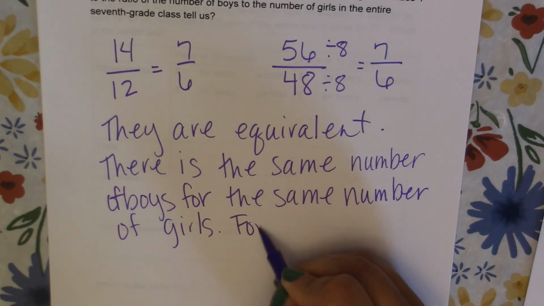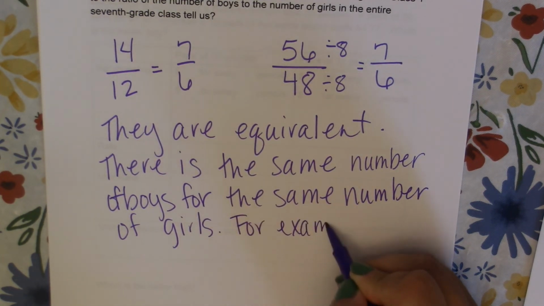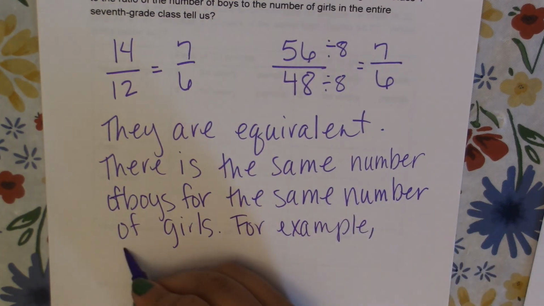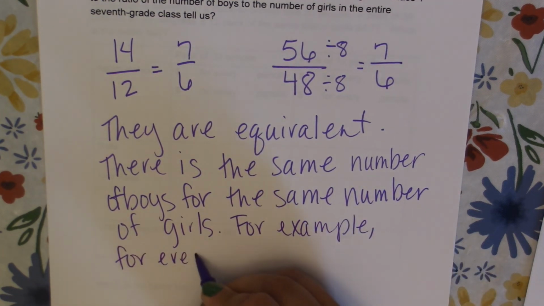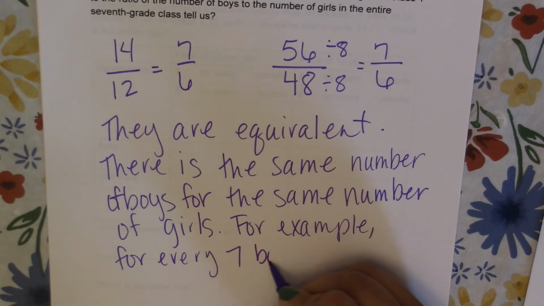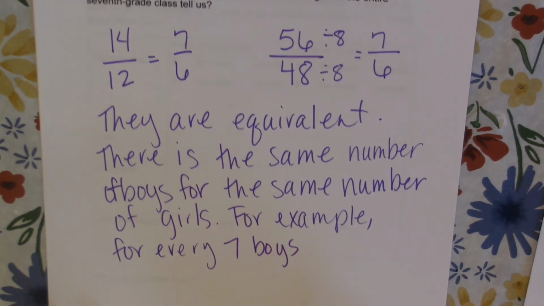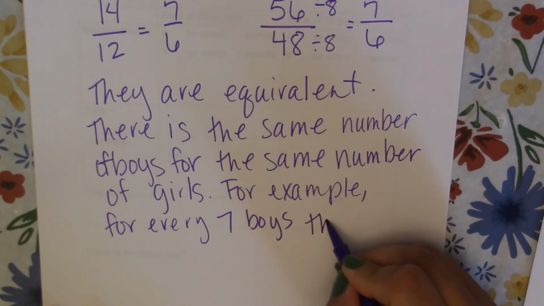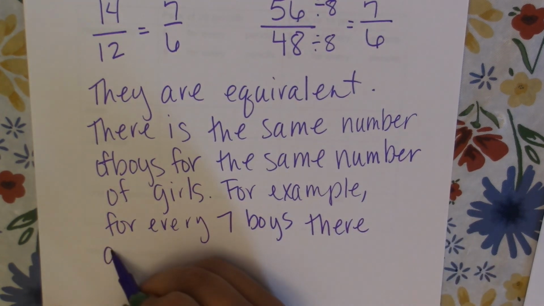For example, for every 7 boys, there are 6 girls.